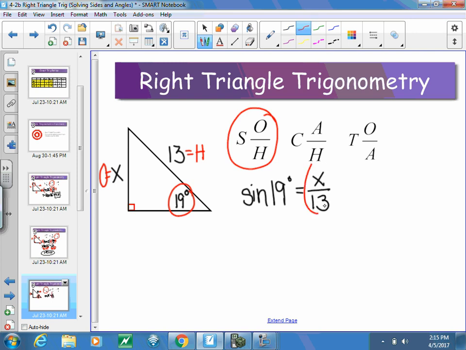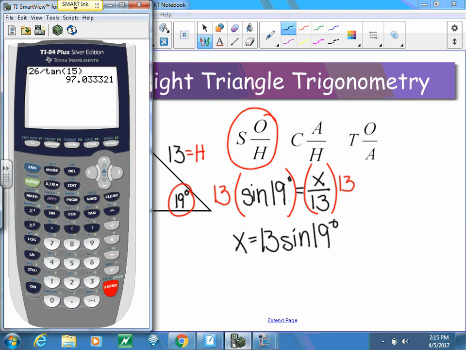Solving for x, I'm going to multiply both sides by 13. And so now x is going to equal 13 times the sine of 19 degrees. So go to your calculator. 13 times the sine of 19 degrees gives us 4.23.